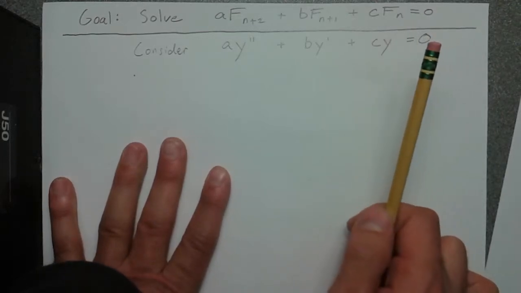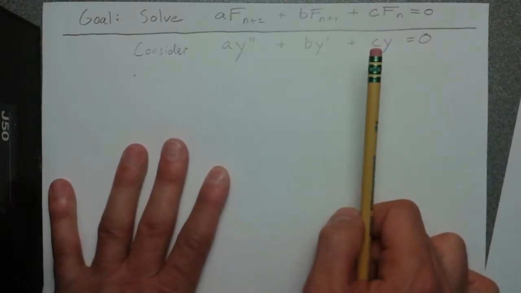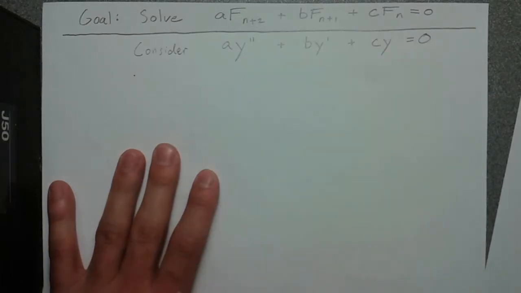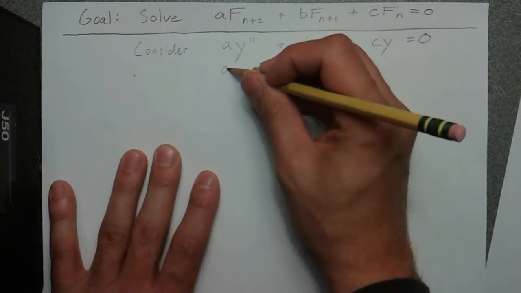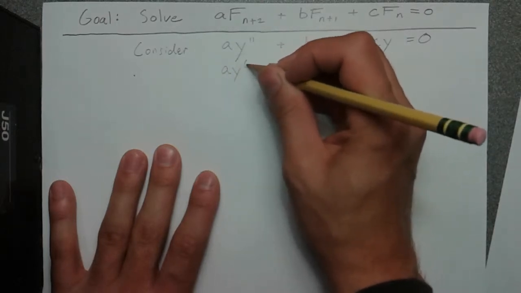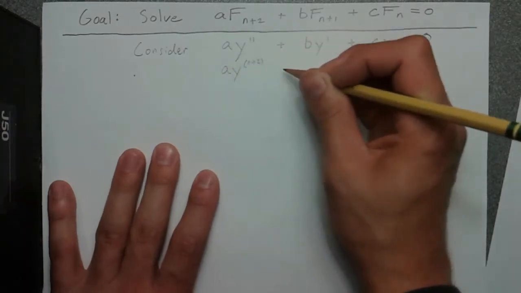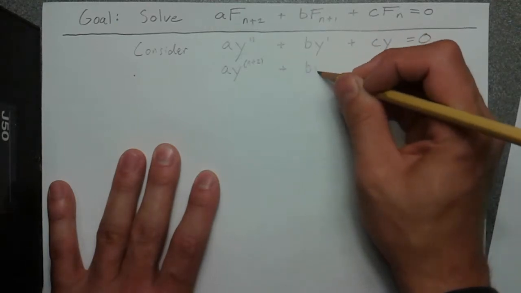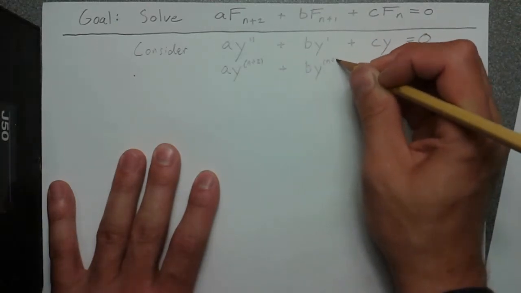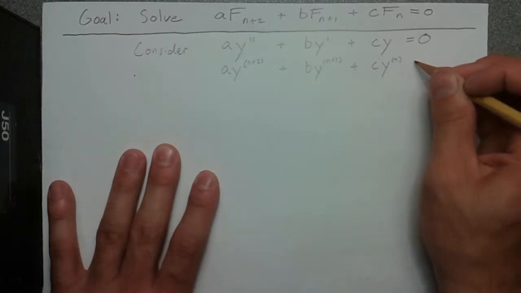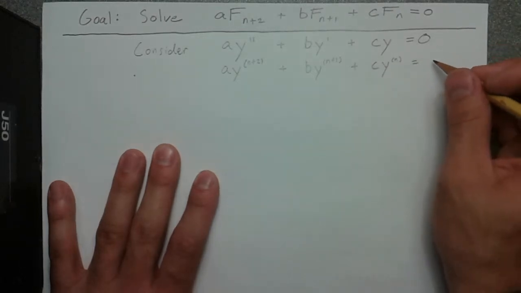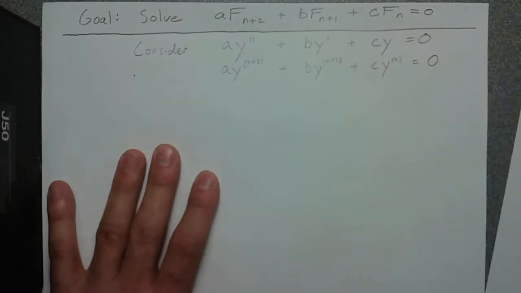You can repeat that process and nothing crazy happens. If you do that n times, then you'll have the n plus 2 derivative here, the n plus 1 derivative here, and the nth derivative here. The nth derivative of 0 is 0.